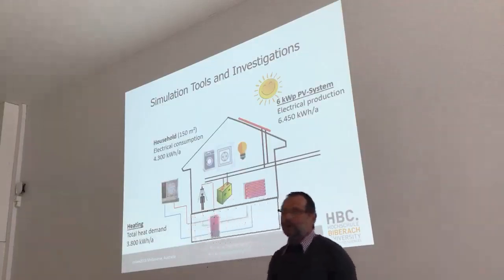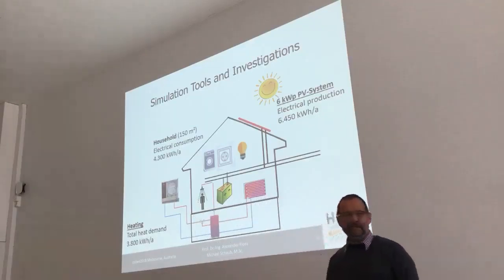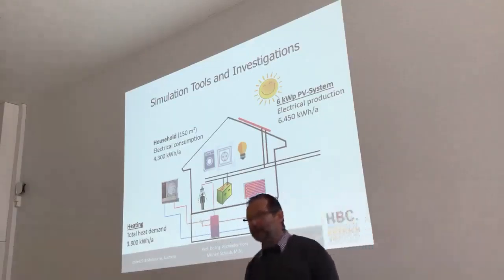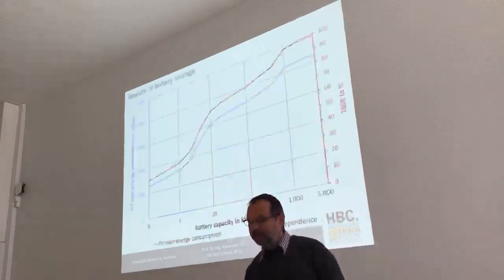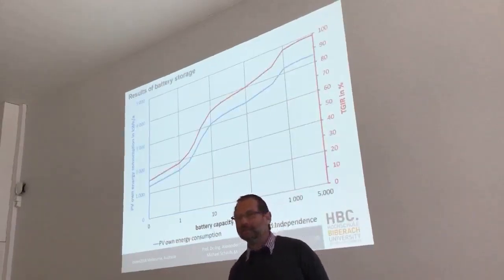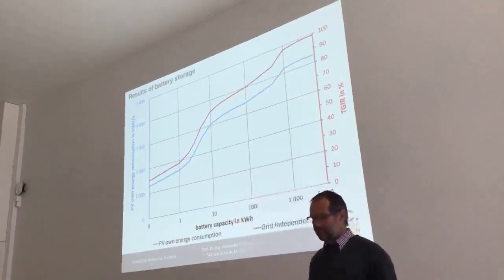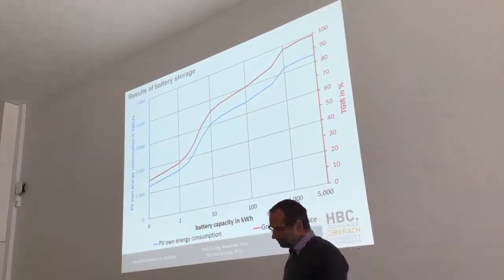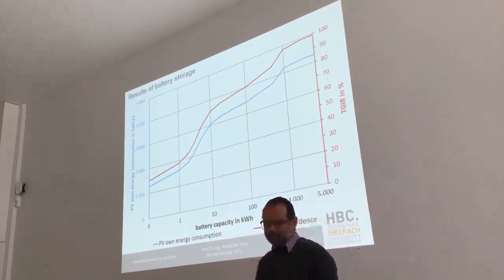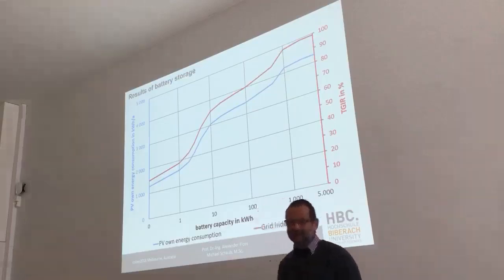With a 6 kilowatt peak PV system, you can generate about 6,500 kilowatt hours of electricity in Germany a year. This diagram summarizes some results.